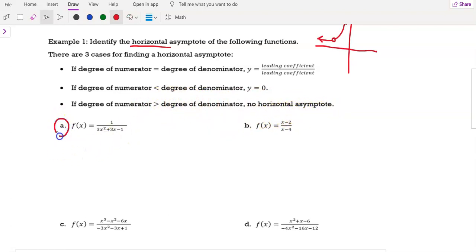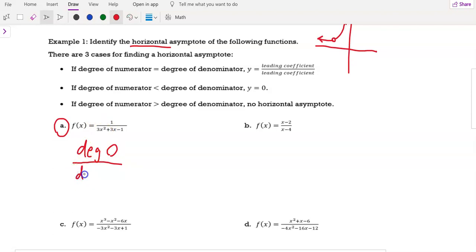Letter A. The degree of my numerator here, so you have to look at x, which in this case we don't even have an x, right? So in this case, my degree of the numerator would be degree 0. And the degree of the denominator, see how this is x to the second power?